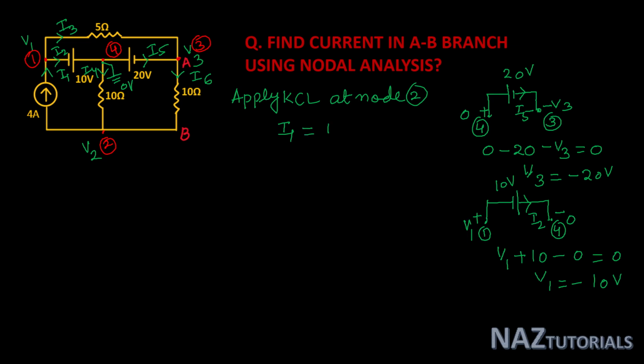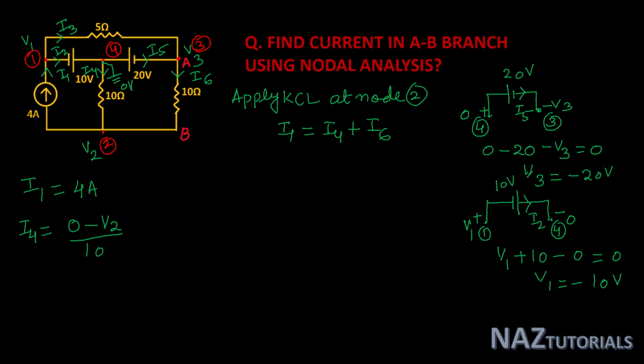So I1 is equal to I4 plus I6. I1 is 4 ampere, the same as the current source direction. I4 is flowing from node 4 to node 2: initial voltage 0 minus final voltage V2, divided by the branch resistance of 10 ohm.